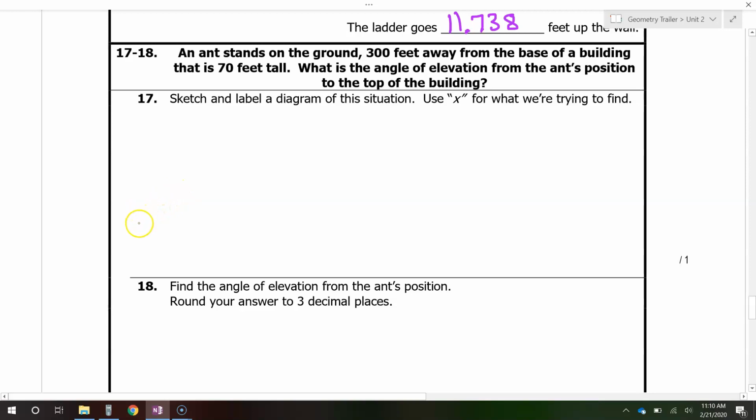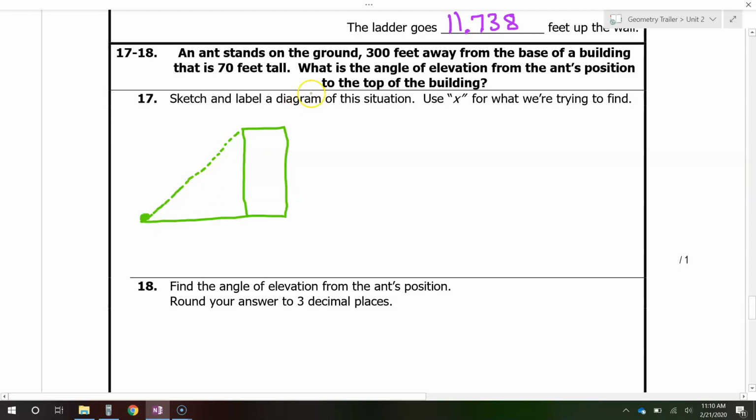Scary. So, okay, here's the ground. And here's my building. And here's my ant. There's my ant. And here is the angle of elevation.